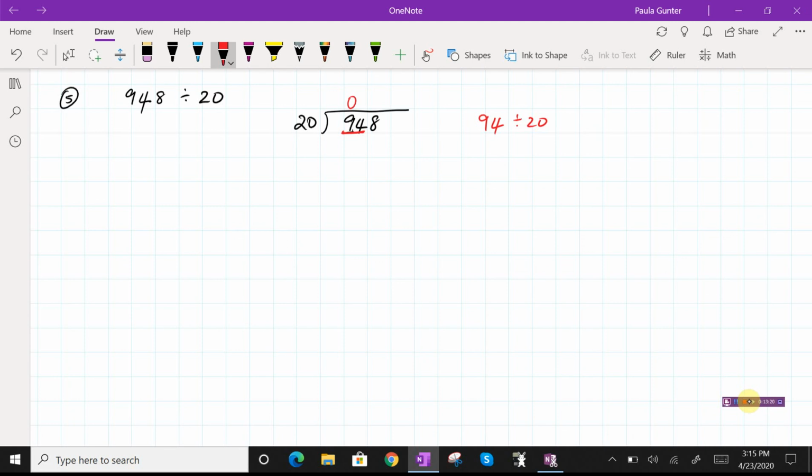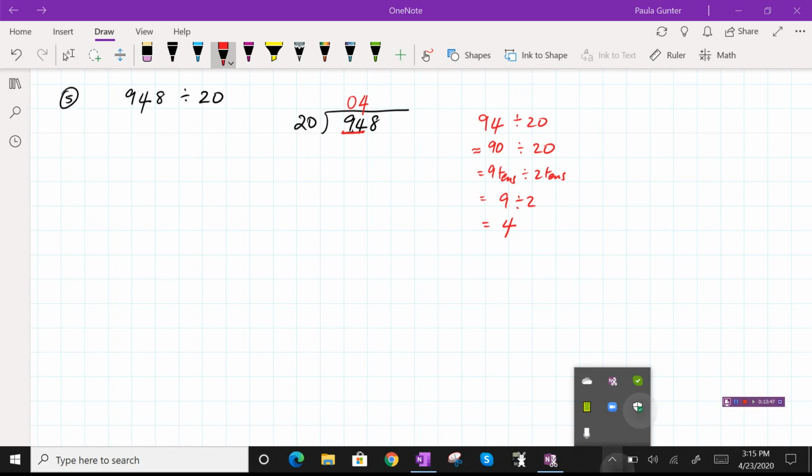Now, we're dividing by 20, 2 tens. We want to find out what 94 is to the nearest tens. It would be 90. So 9 tens divided by 2, or 9 divided by 2, would go 4 times without going over. So we'll have 4.